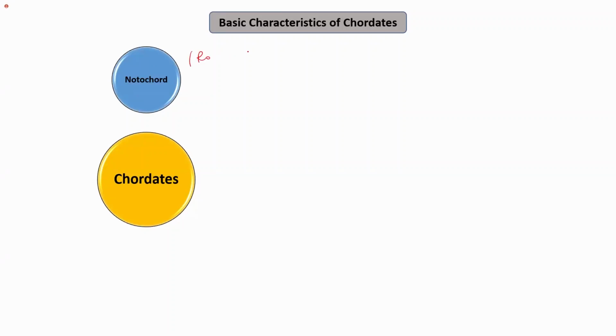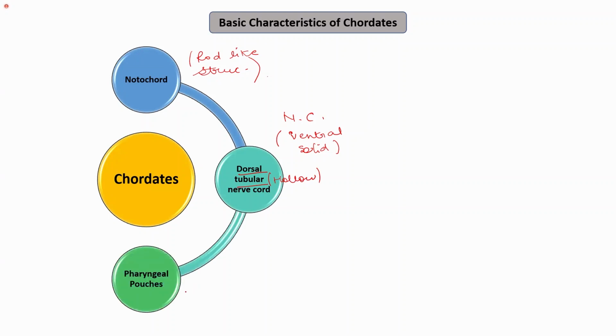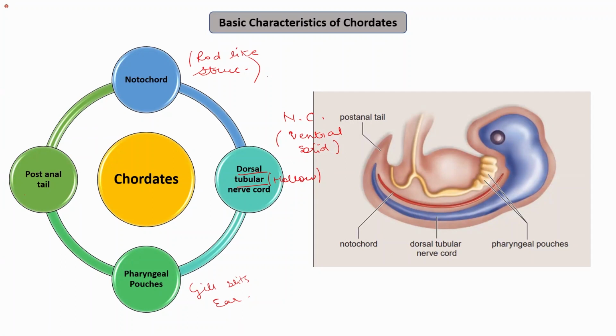The second is a dorsal tubular nerve cord, unlike the non-chordates, in which it is ventral and solid. In chordates, it is dorsal and tubular, which is hollow. The next is the pharyngeal pouches, which are sometimes modified into gill slits, present in at least one of the life stages in the chordate life cycle.